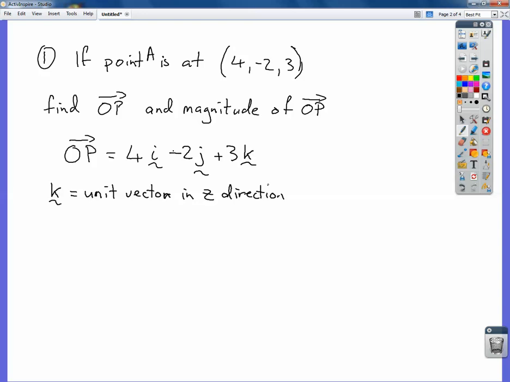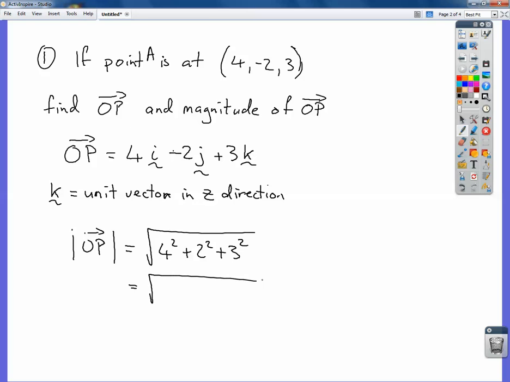Now we want to find the magnitude of that. So there's our vector, OP is 4i minus 2j plus 3k. The magnitude, we're still using Pythagoras here, is the square root of 4 squared plus 2 squared plus 3 squared. Remember, when we're working out the magnitude, the positives and negatives don't matter, because when we square minus 2, it becomes plus 4.